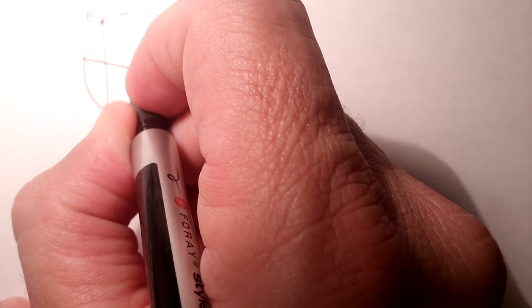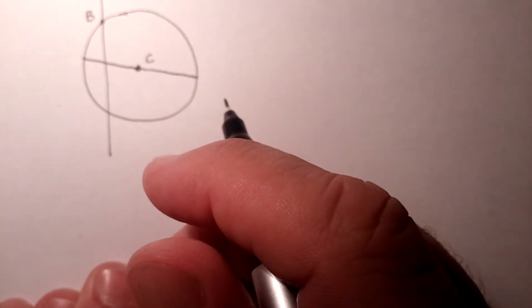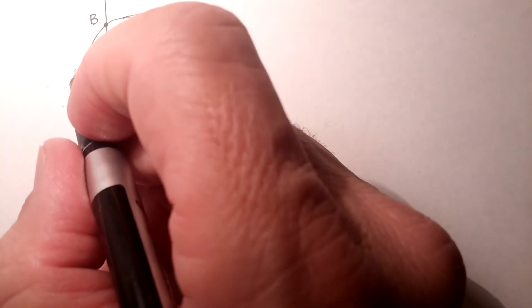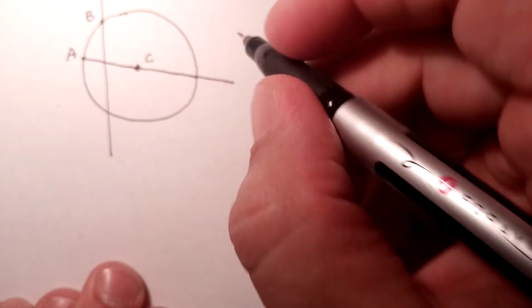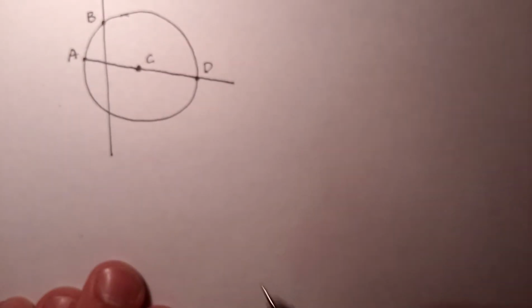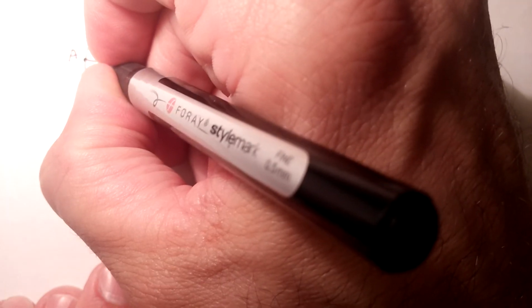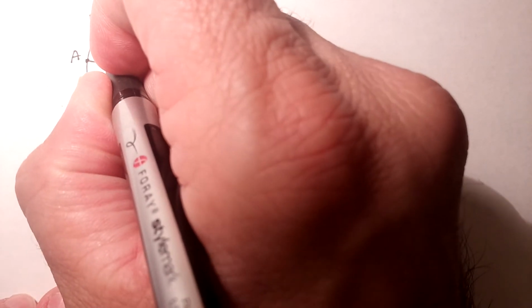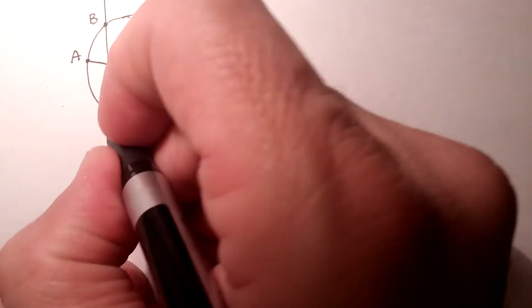Remember, it has to go through the center. And let's extend that line. We'll call this intersection A. We'll call this one D. We'll call the point where this diameter and this secant intersect J. We'll call this intersection H.